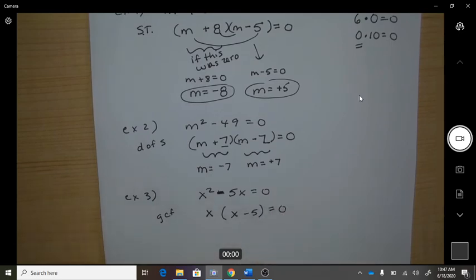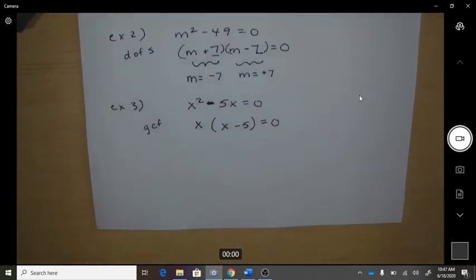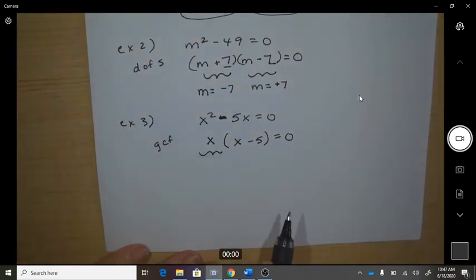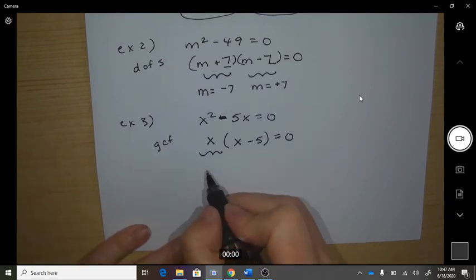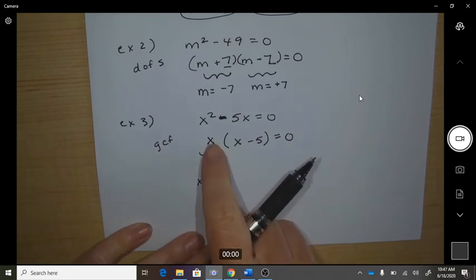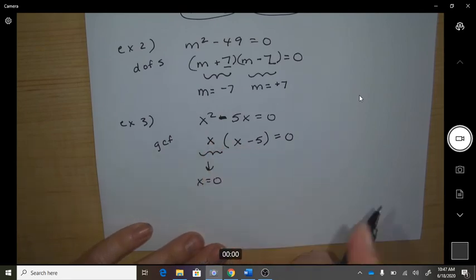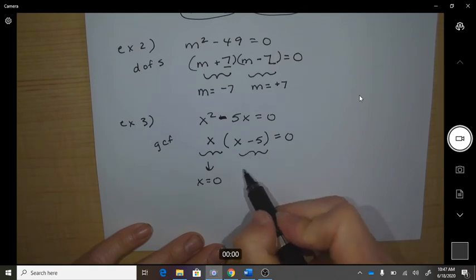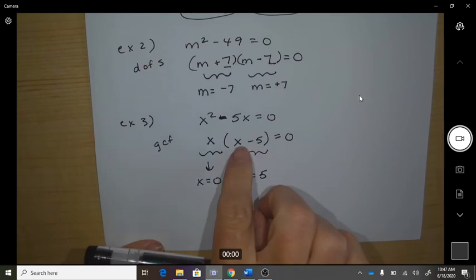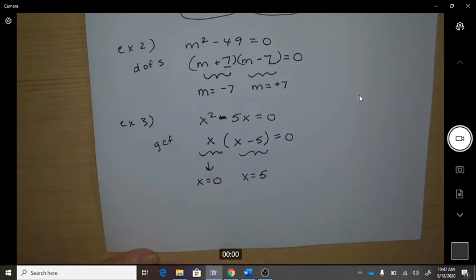Okay, so here, considering these two factors, what would x have to be if you wanted this to multiply to 0? It would be 0. If x was 0, it'd be 0 times whatever number. And in here, x would have to be a positive 5, because 5 minus 5 would be your 0.